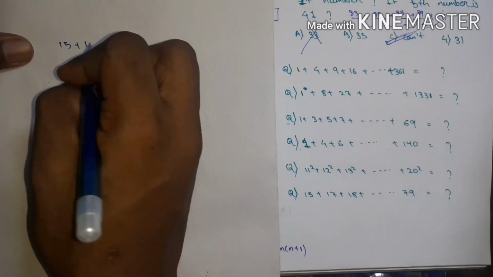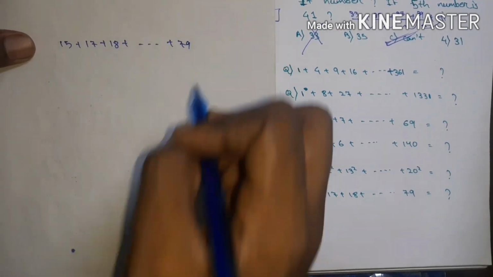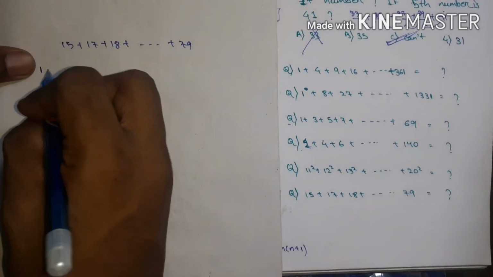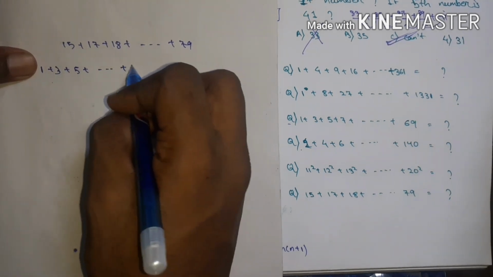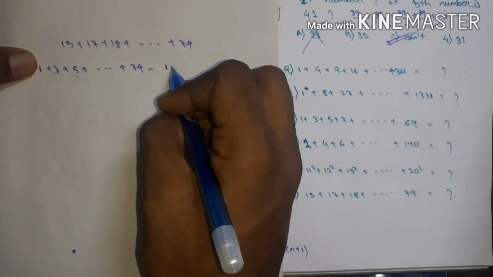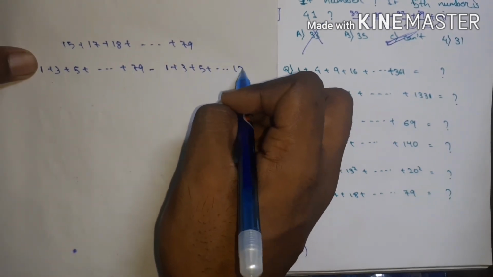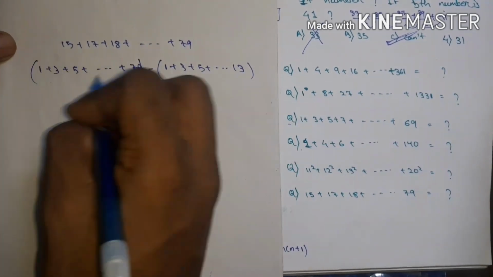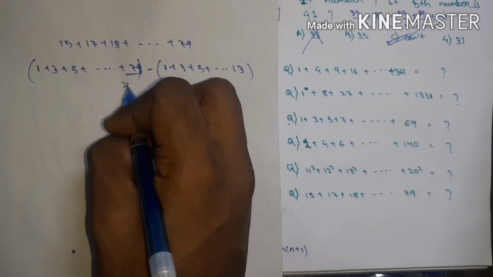Then next question: 15 plus 17 plus 19 plus dot dot dot 79. It means 1 plus 3 plus 5 plus dot dot 79 minus 1 plus 3 plus 5 plus dot dot 13. I can write it like this. Both are of the form 2n minus 1.